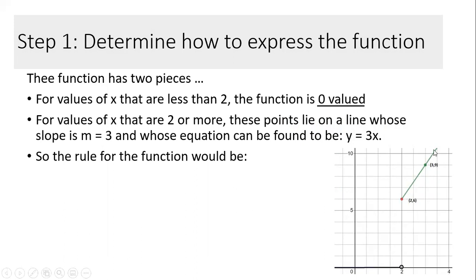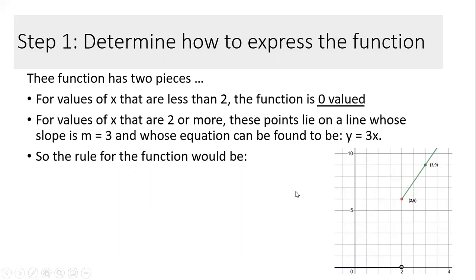Now we can see from that line that as we go from 2 to 3, the y value goes from 6 to 9. And so that's going to imply that we have a rise over run of 3 over 1, or 3. So that's a line with a slope of 3. And it's easy to see if we extend that line down, its y-intercept would be 0. And indeed, the rule y equal to 3x does satisfy both of those points, (2, 6) and (3, 9).